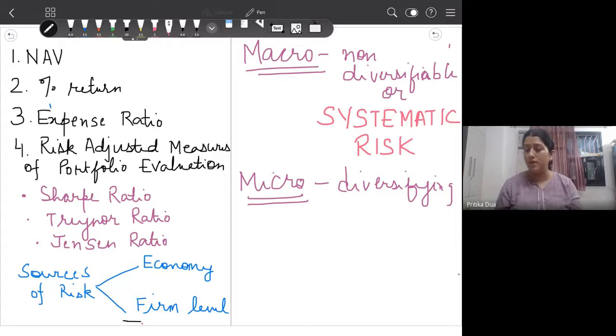So such risk is diversifiable. You can diversify it, and this is known as the non-systematic risk.